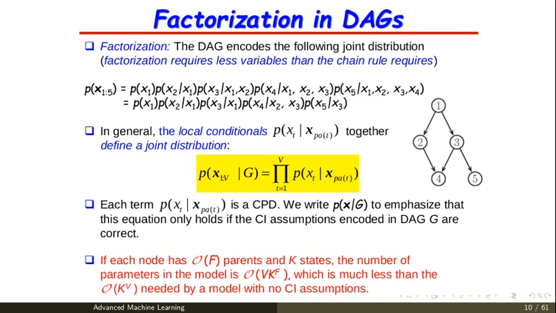Then I apply this equation that says the distribution is factorized this way, and I write it as the probability of x1, because x1 has no parents, the probability of x2 given x1, because x1 is the only parent of x2, x4 given x2 and x3, and x5 given x3.